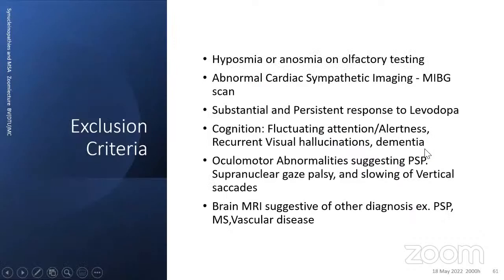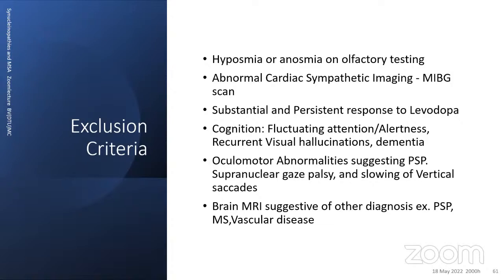So exclusion criteria: hyposmia or anosmia on olfactory testing, abnormal cardiac sympathetic imaging MIBG scan, substantial and persistent response to levodopa, cognition fluctuating attention and alertness, recurrent visual hallucinations, dementia. There will be no dementia in MSA. That's a must.